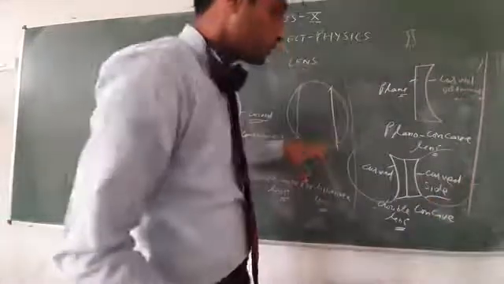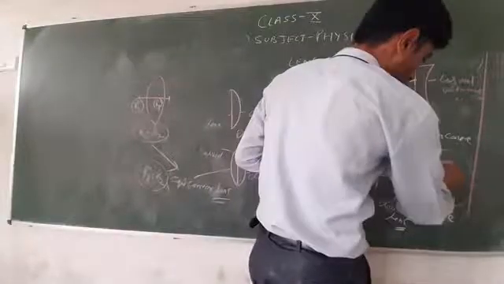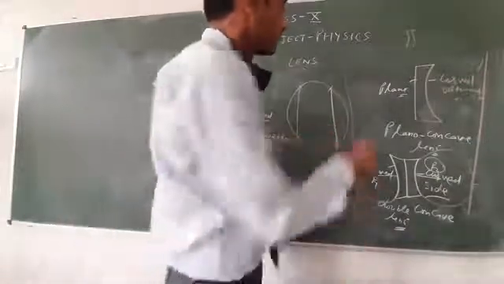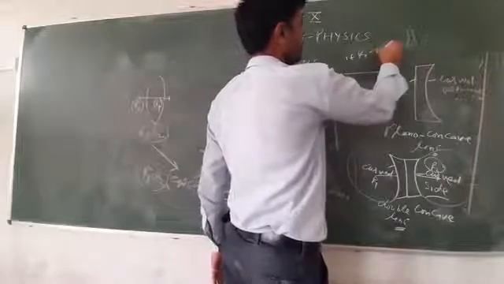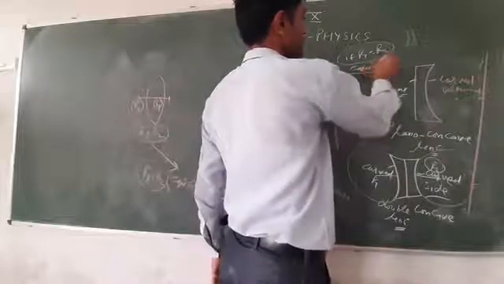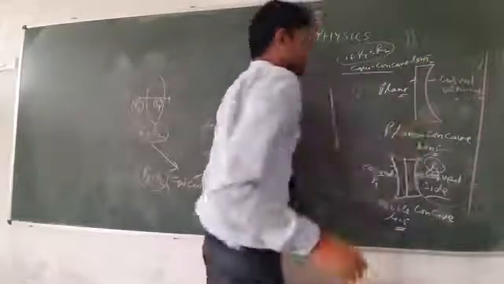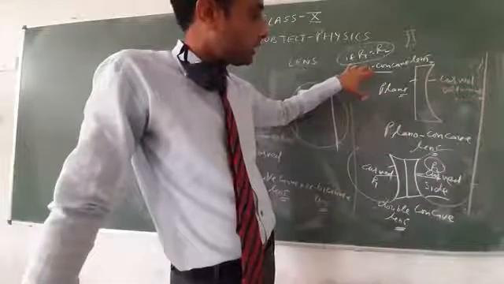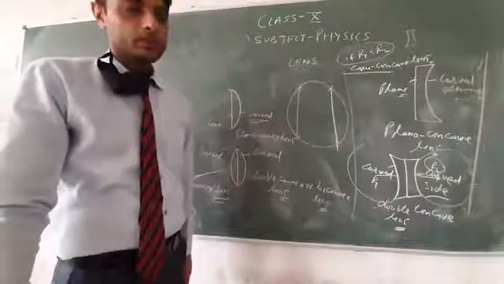So if the radius of curvature is R1 and this is R2, if R1 equals R2, then this is known as an equiconcave lens. So I hope you understood about double convex lens, equiconcave lens, and plano concave lens.